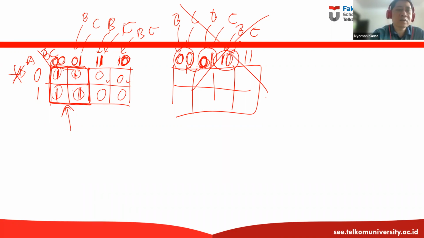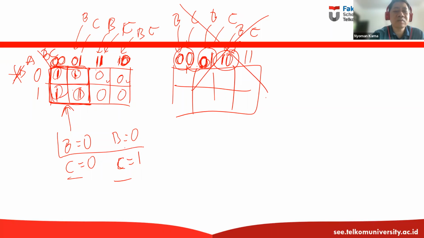Okay, so this block happens when B is 0 and C also 0 for this block, and then B is 0 and C is 1. What are the same things between these two combinations?